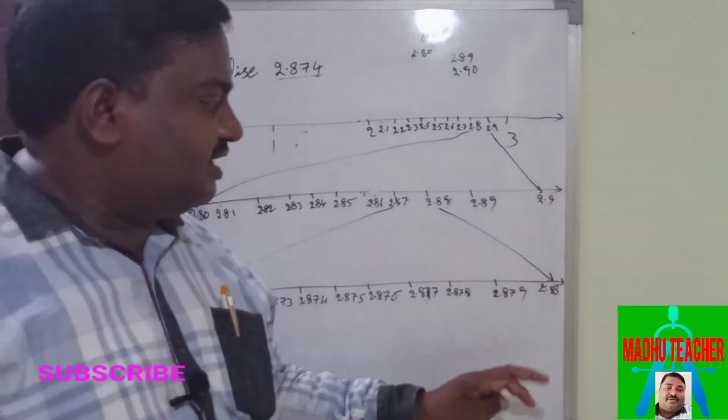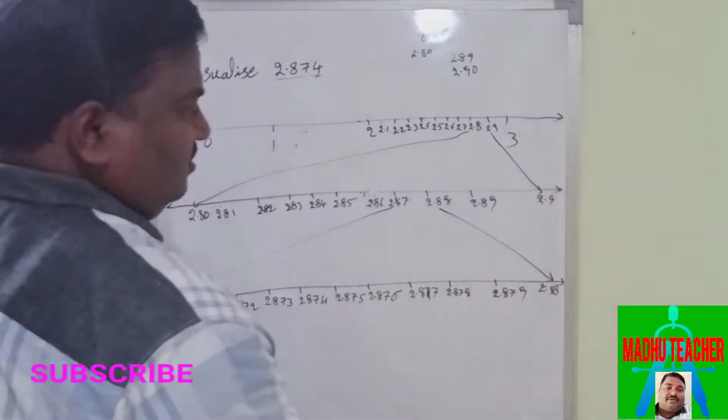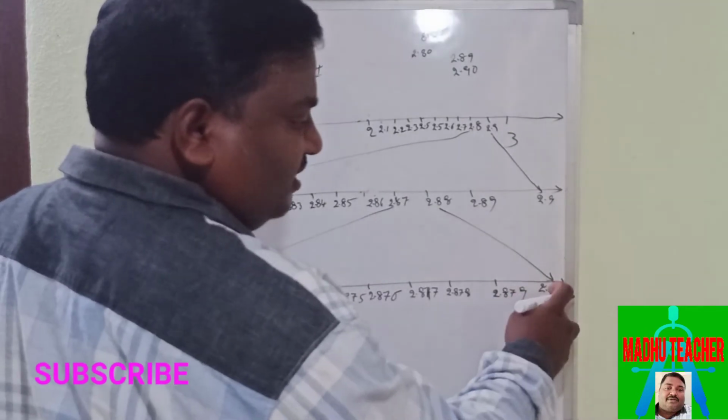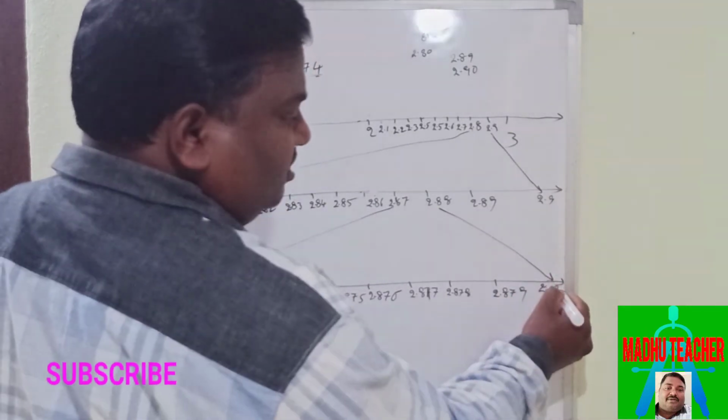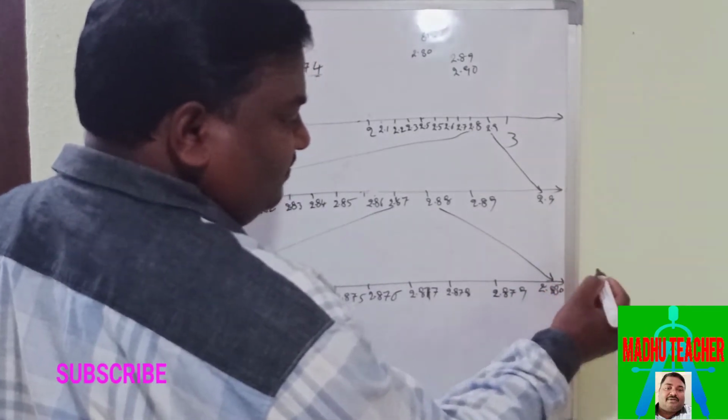After this you'll get 2.88, that is 2.880.